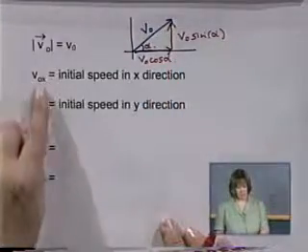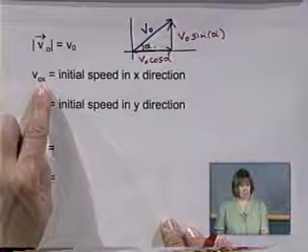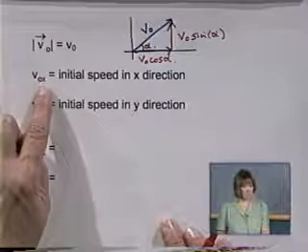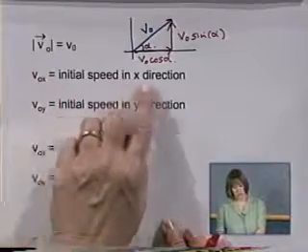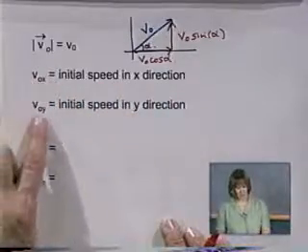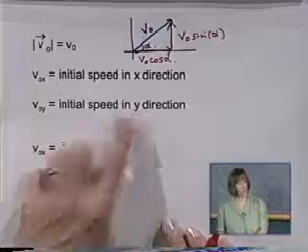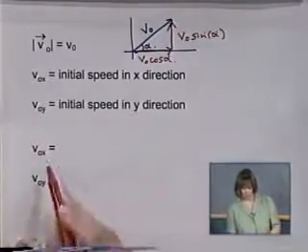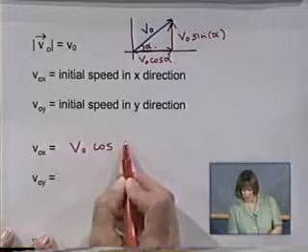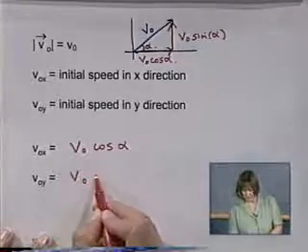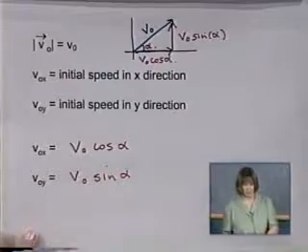What do I mean by v sub 0 x? It means the x component of the velocity vector when t is 0, the initial speed in the x direction. What's my y component in the y direction initially? Looking at this picture, my x component is v naught cosine alpha, and my y component is v naught sine alpha.